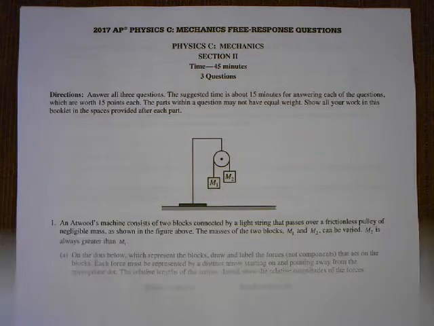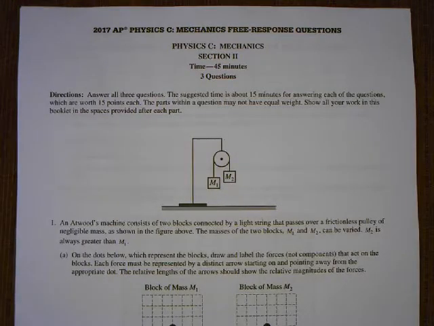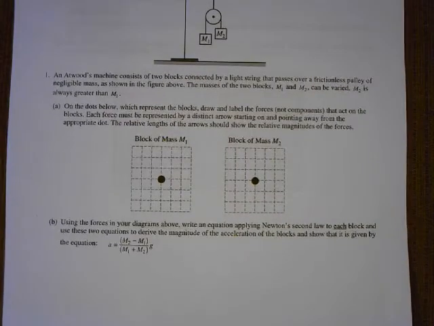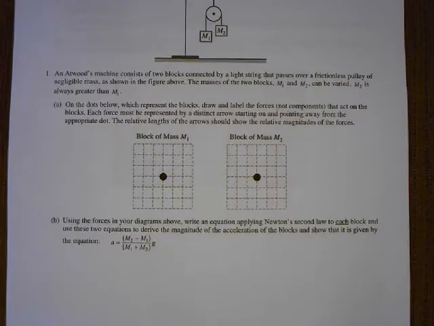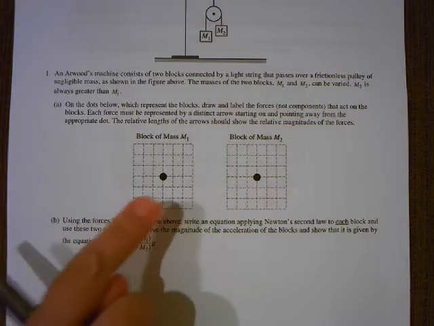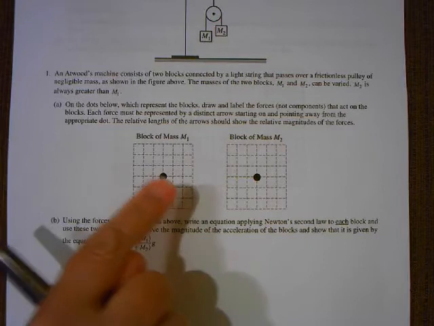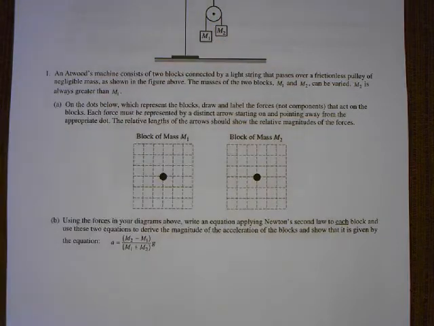Now, one of the things they want you to do in this is you cannot do it as a system. First of all, you're going to apply Newton's second law on each block. First they ask you to draw the free body diagrams.